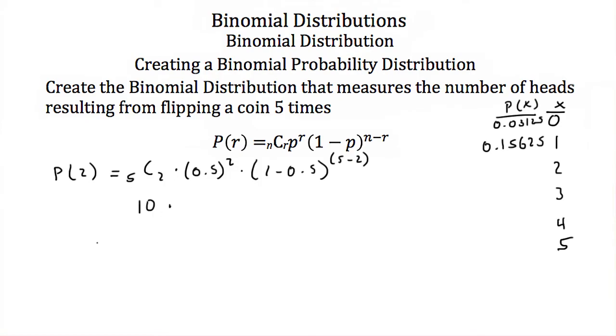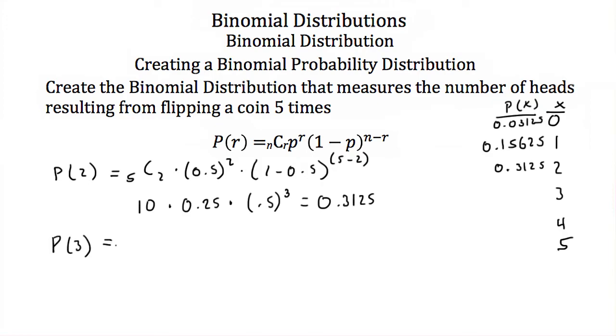Now 0.5 squared is 0.25. And 1 minus 0.5 is still 0.5, and that's to the 5 minus 2 power, or the 3rd power. 0.5 to the 3rd power times 0.25 times 10 is 0.3125. So the probability of getting 2 heads is 0.3125.